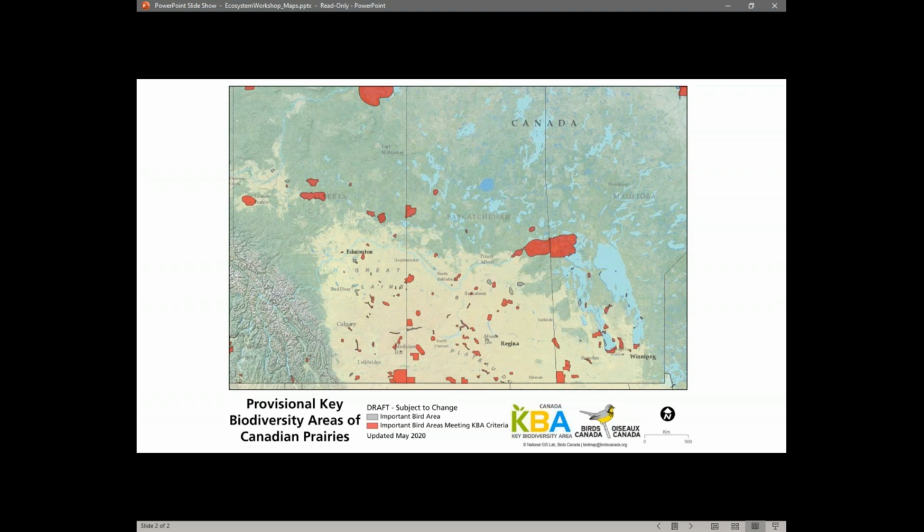So the red IBA sites are, I think, currently being crosswalked. So these are the ones that will potentially qualify as KBAs in the future. So that's about all I had to say about that, if there are any questions.